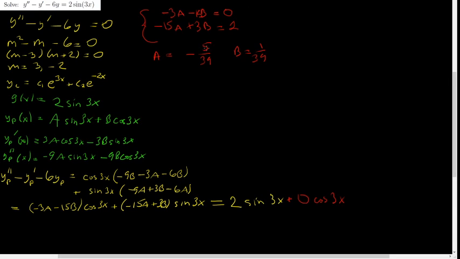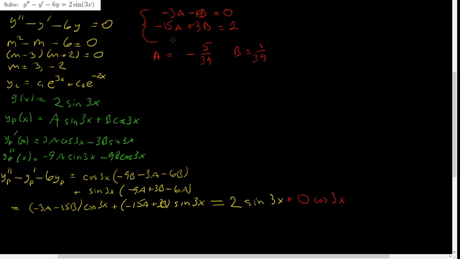So the first equation works. For the second one, negative 15 times negative 5 is 75, plus 3 is 78, and 78 divided by 39 is 2. It works.